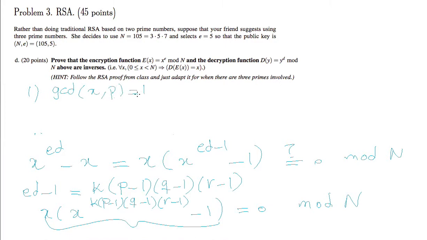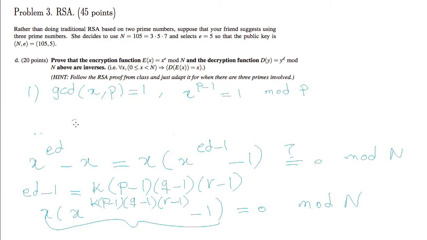So when GCD of x and p is 1, I can use Fermat's Little Theorem, which states that x to the power p minus 1 is equal to 1 mod p.